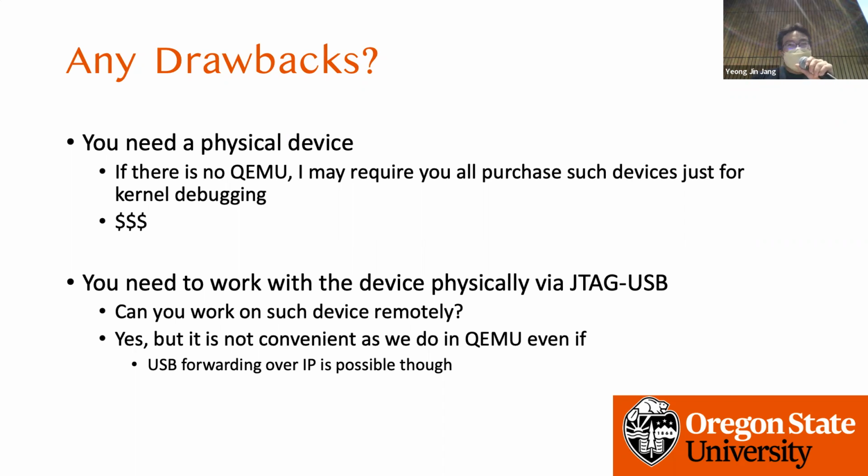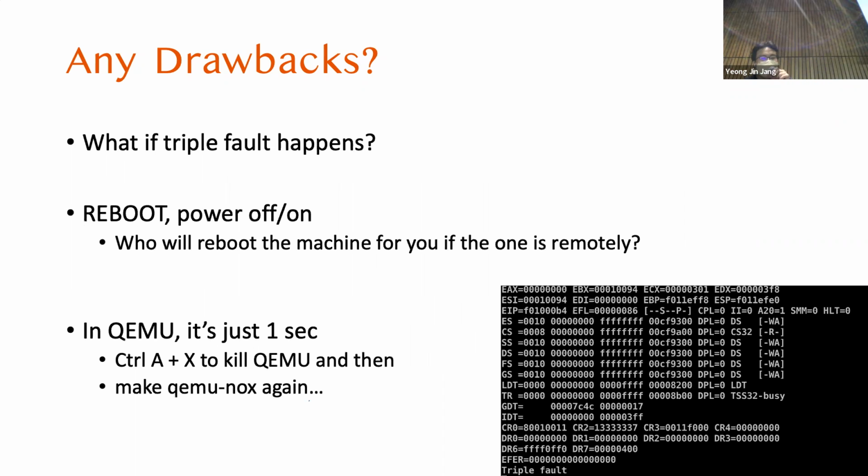Another headache is that whenever there's a triple fault, and you see lots of those screens, the machine will be rebooted, and reboot means a power off and on. In some cases, not on Intel CPUs, it could just halt. Suppose a cloud service purchased these devices and offered remote debugging.